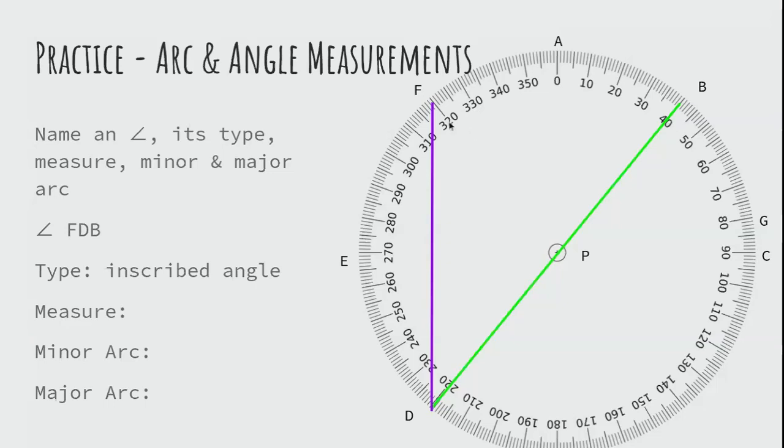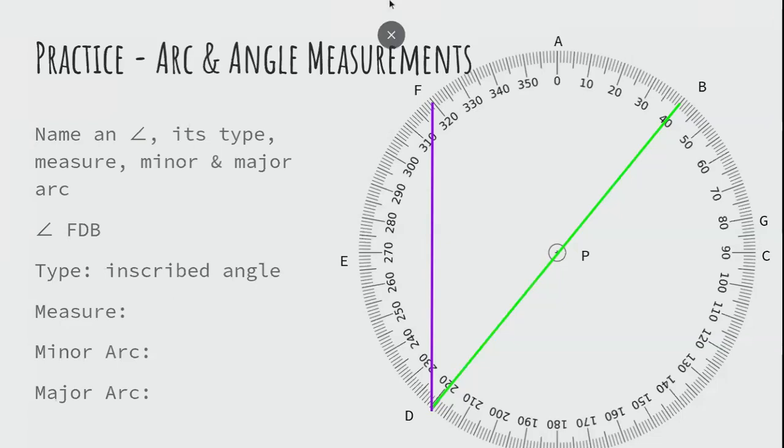Oh, I'm going the other way. Oh, right. So you got 10, 20, 30, 40, 50. You count by 10. All right, 60, 70, 80. Okay, so this has to be the minor arc because it's only 80 degrees.